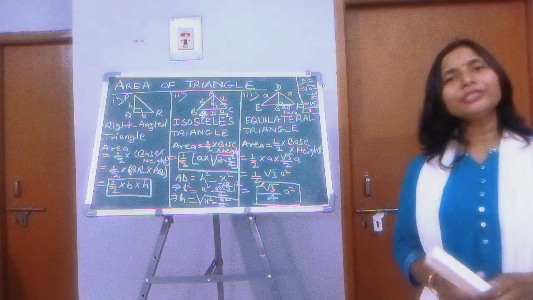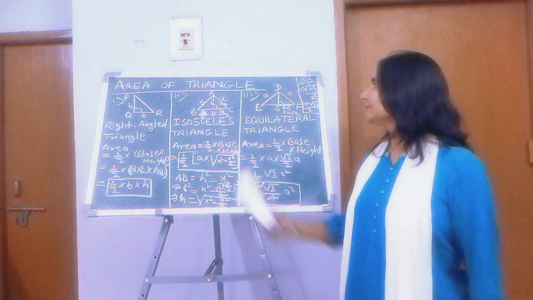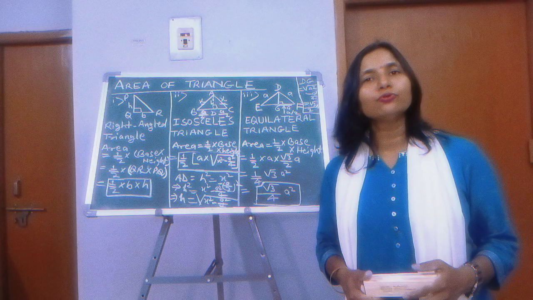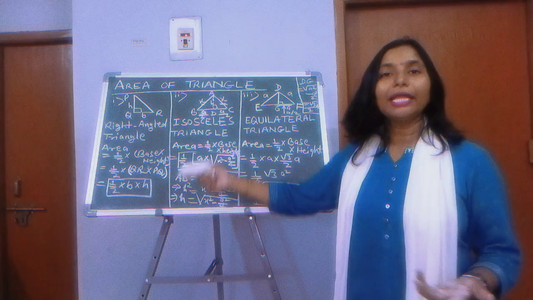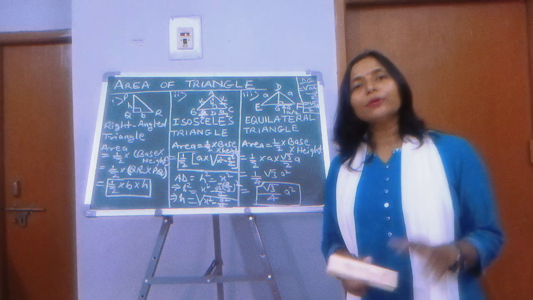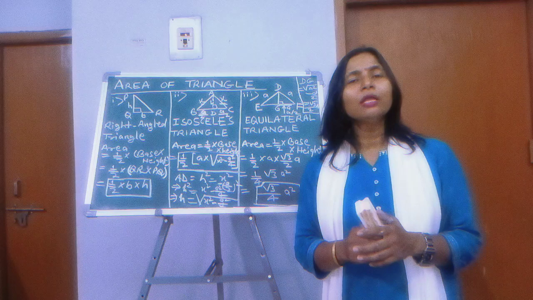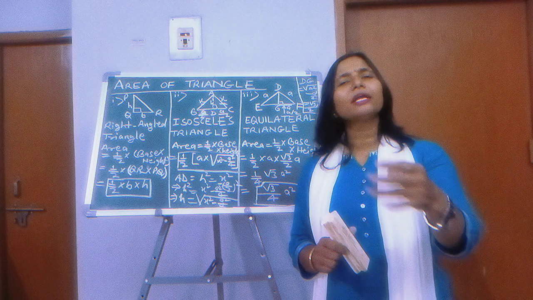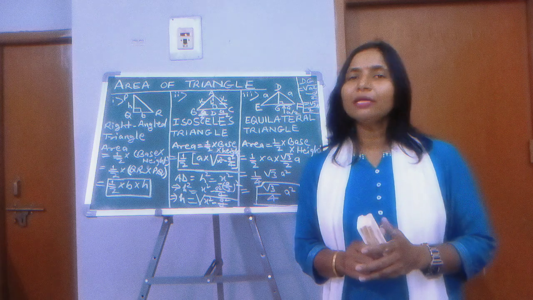Now the question is, if the triangle is not a right angle triangle, isosceles triangle or equilateral triangle, then what would we have to do? We have to find the altitude, and there will be great difficulty in that. So suppose we have one general formula to find the area of any type of triangle, whether right angle, isosceles or equilateral, that will be the better one.